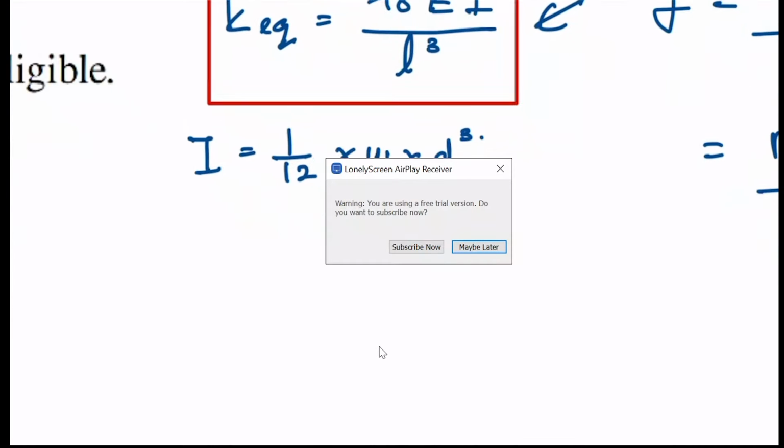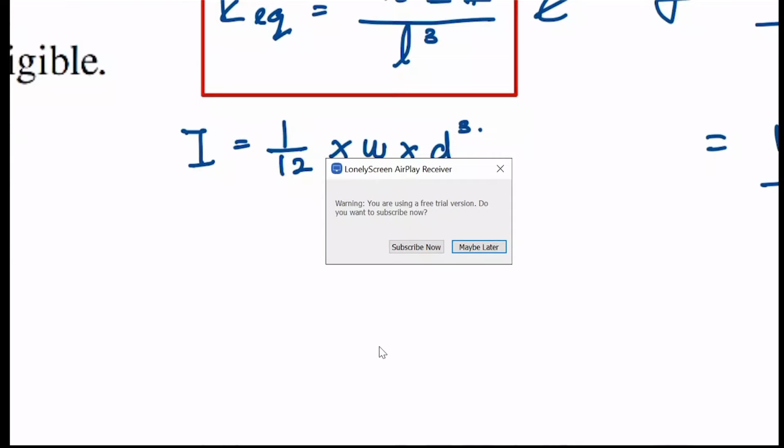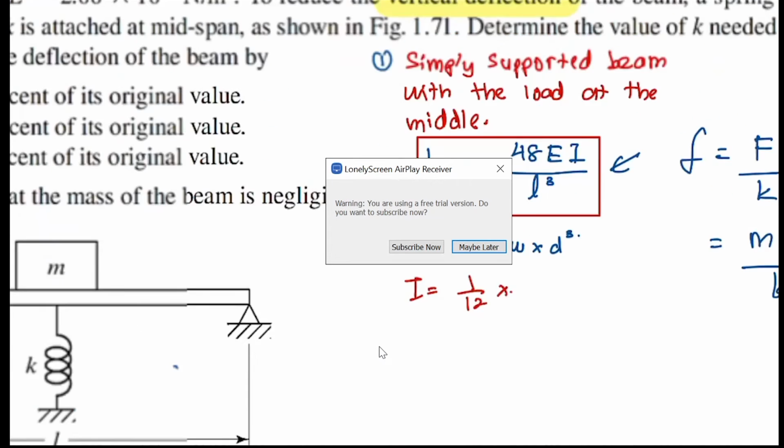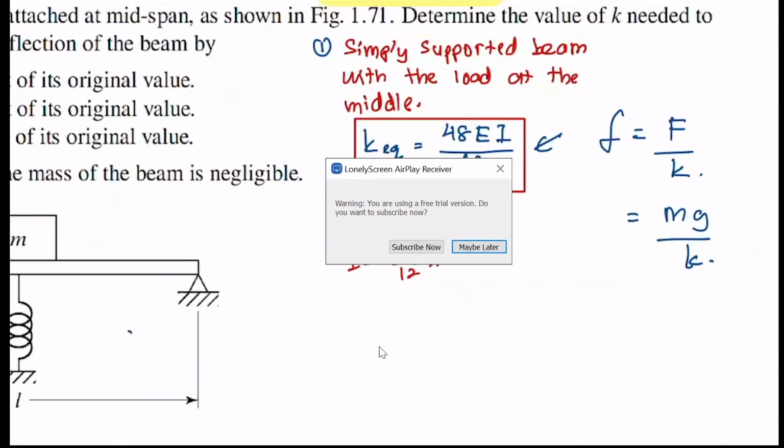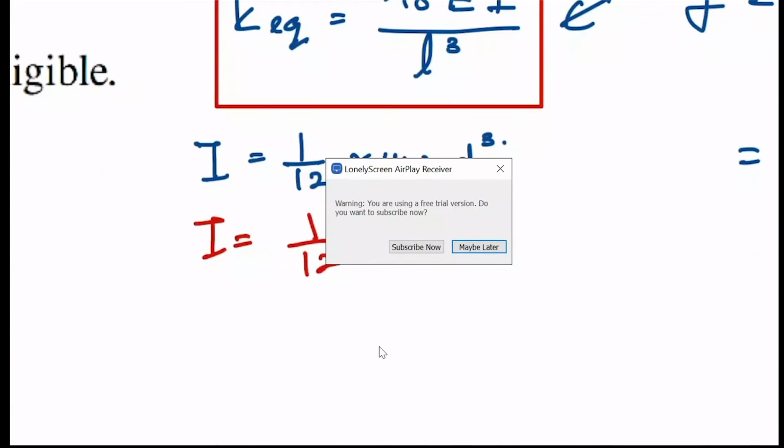Okay, so this is the I formula for a beam. So we're going to substitute all the values now. So I equals 1/12 times the width, which is 1.2, and the depth is 0.1, to the power of 3.